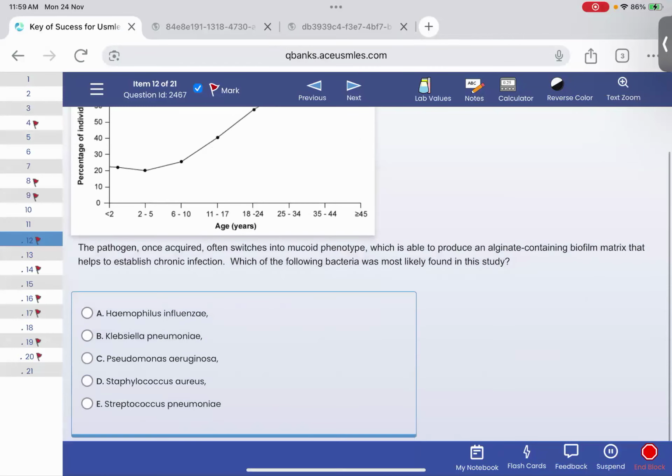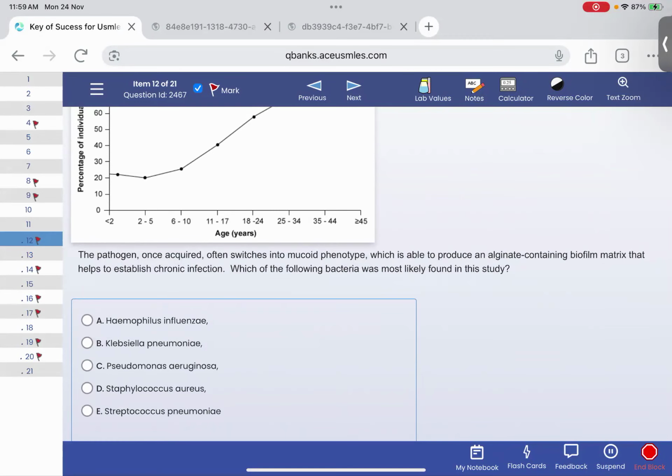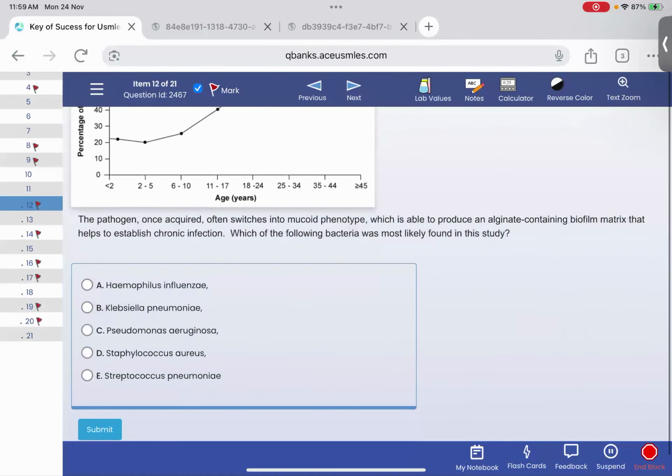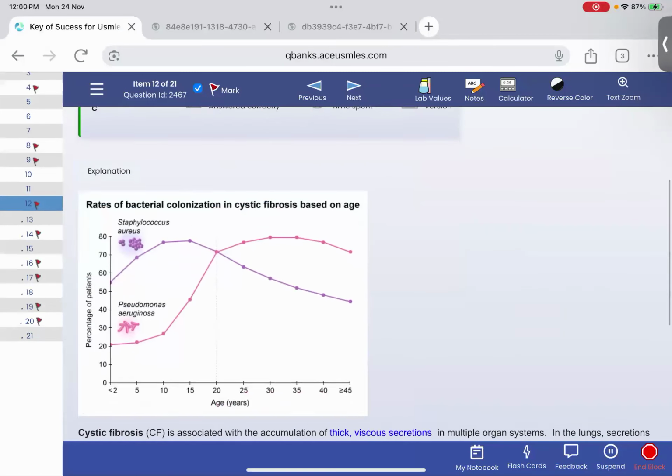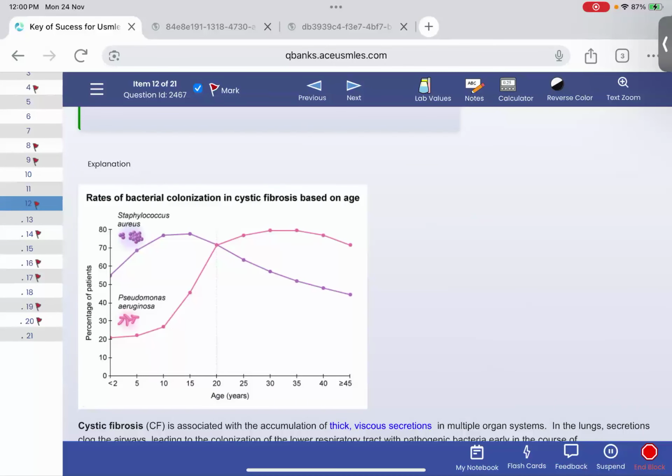Okay, so the correct option over here is C, Pseudomonas. So the other graph is for Staph aureus, and as the age increases, colonization by Staph aureus decreases, right? And as the age increases, colonization by Pseudomonas after the age of 20 increases.